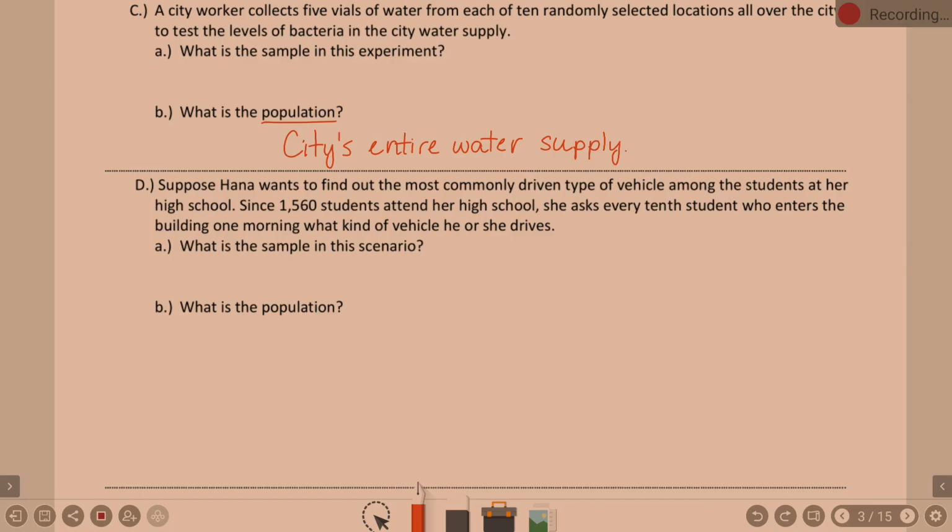But I thought it was like 10 vials, and there's like, oh, 1, 2, 3, 4, 5. So now, I'm open to how you write this. On mine, I wrote 5 times 10, which is the 50 vials of collected water.